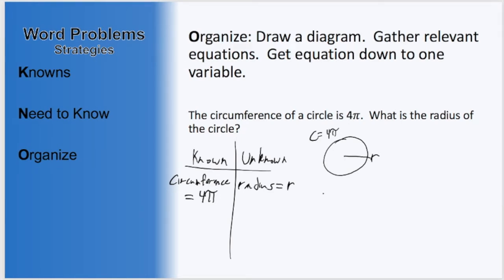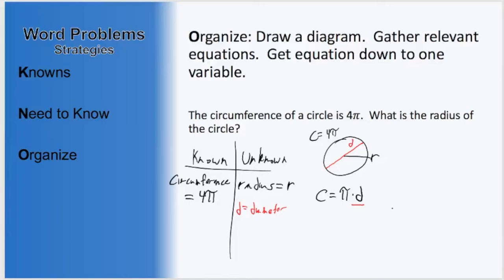The relevant equation for circumference is that the circumference is equal to pi times the diameter. Since we aren't given the diameter, we see that this would introduce another unknown or variable. So we've made another unknown d for the diameter. And on our diagram, it would be like this.